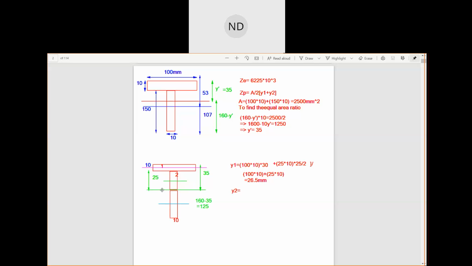That means the distance from this equal area axis to the CG of this particular member is 125 divided by 2.